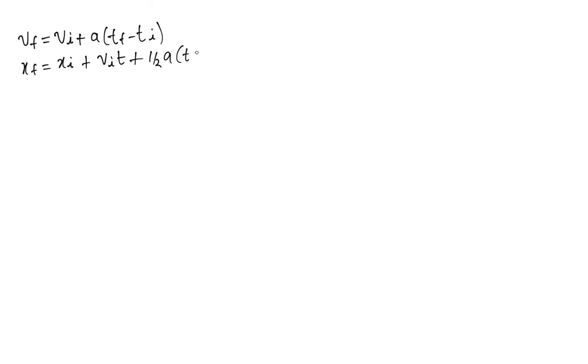If you recall properly, they were: V final equals V initial plus acceleration times T final minus T initial; X final equals X initial plus V initial T plus half acceleration times Tf minus Ti squared; and Vf squared equals Vi squared plus 2a times X final minus X initial. So these are the three equations which we can always use to solve any problem in kinematics.